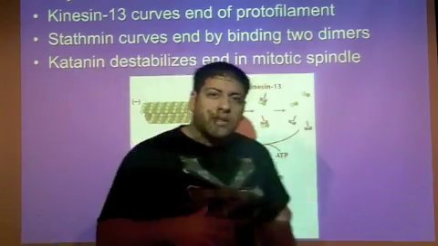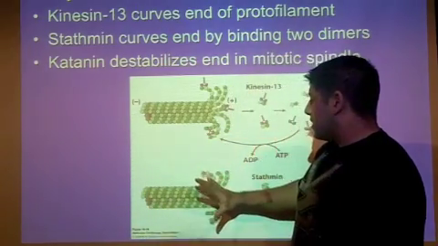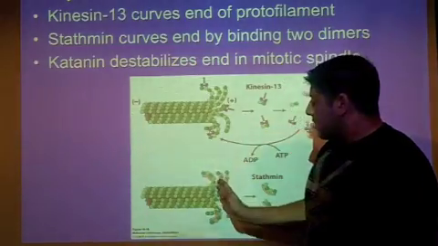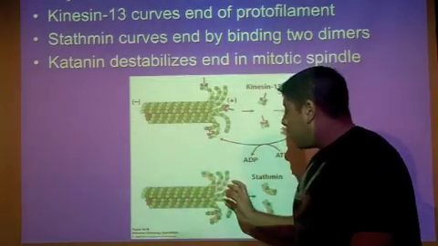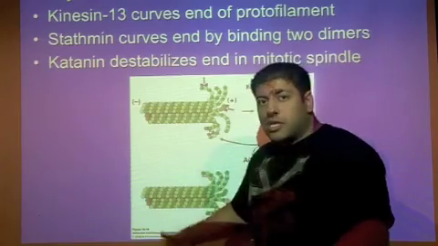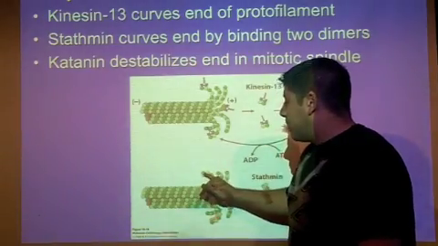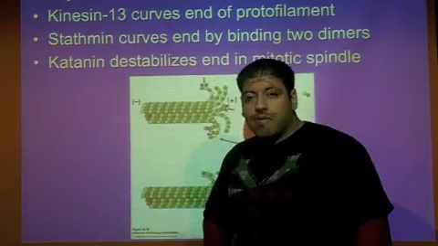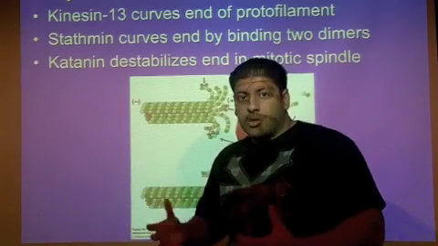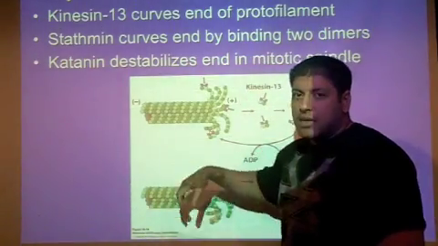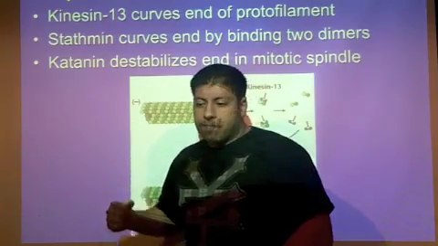When microtubules are about to disassemble, they splay. Okay, so they kind of open up like this. Each of the individual protofilaments that make up the microtubule are all bending in preparation to break apart. And then stathmin comes in, and like I said, it binds to 4 alpha beta, or 2 pairs of alpha beta tubulin dimers, and then simply snaps them off. Okay, and then catenin works the same way.